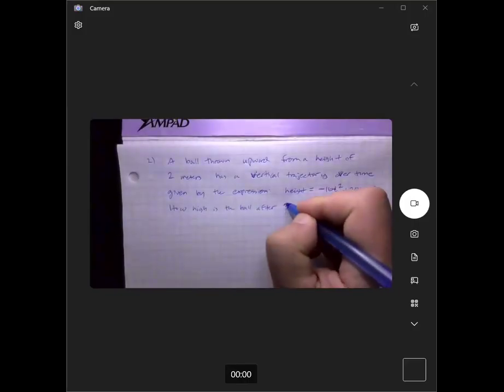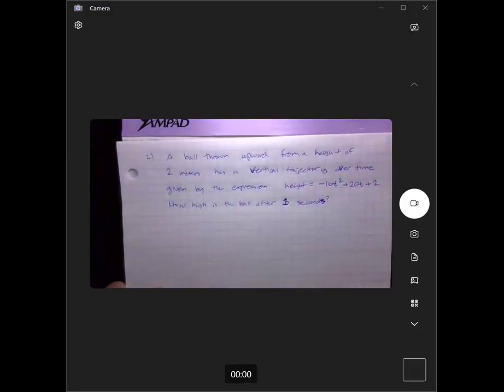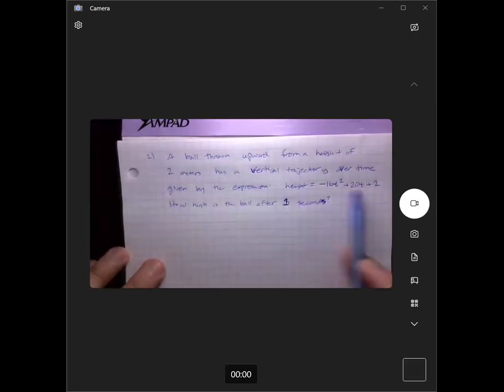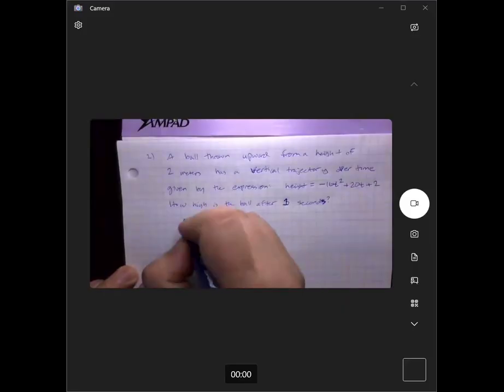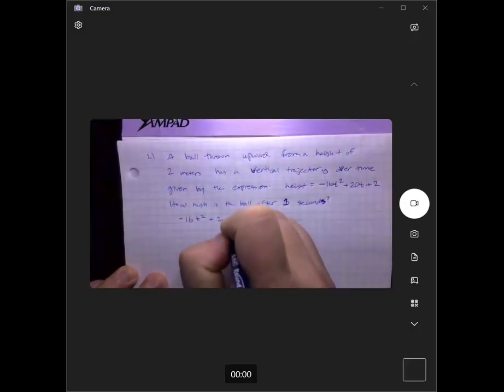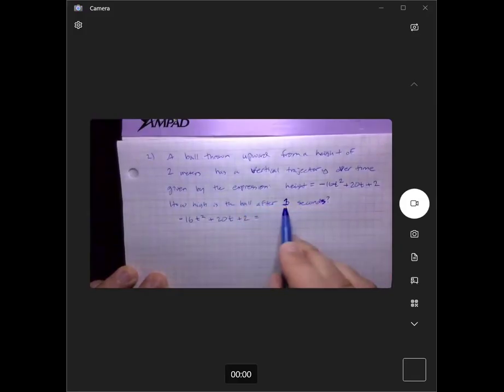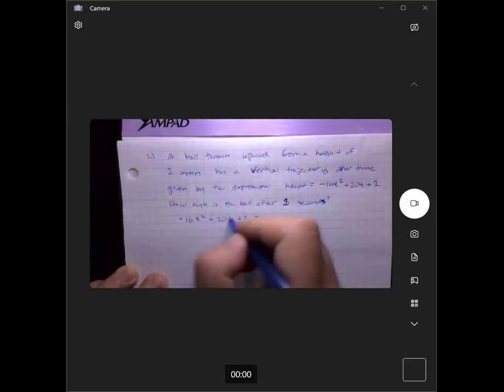One small change, let's say, how high is it after 1 second? So we're still answering a word question, but we're given a little bit of mathematical information as well. So we're looking for the height. The height at any time can be given by the expression minus 16t squared plus 20t plus 2. And we're letting t equal 1, so we just replace each t with the 1.